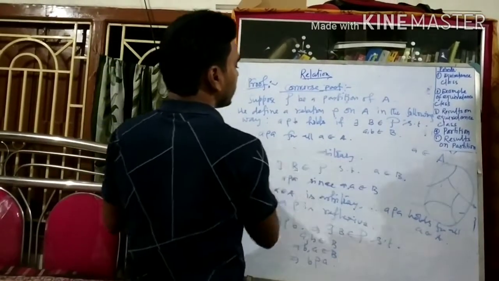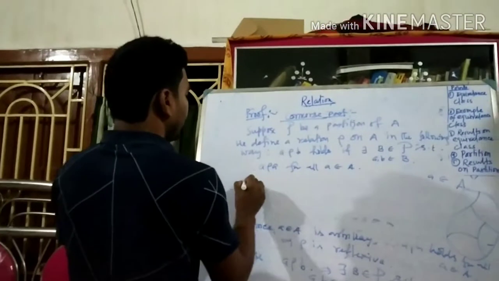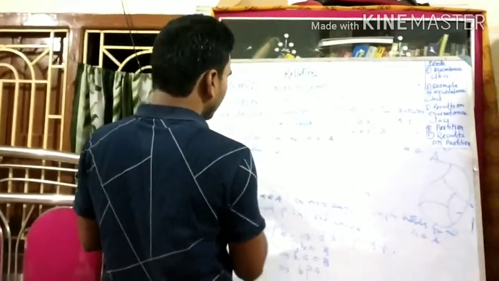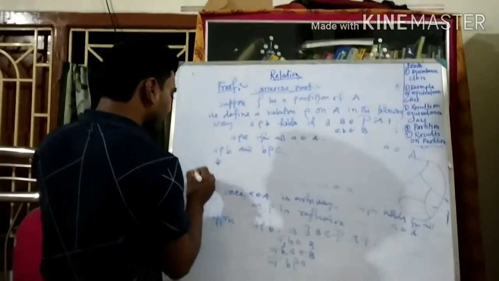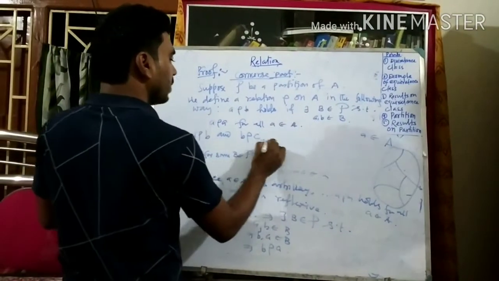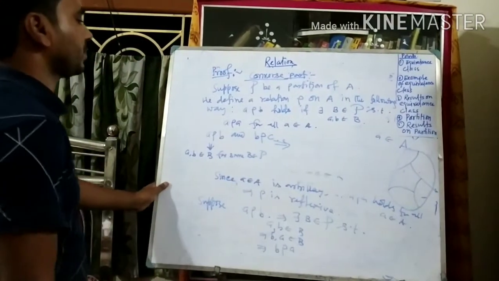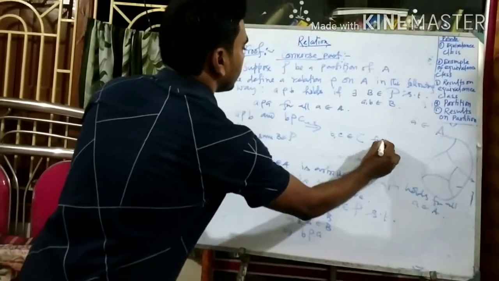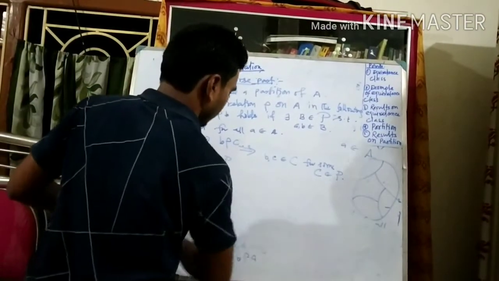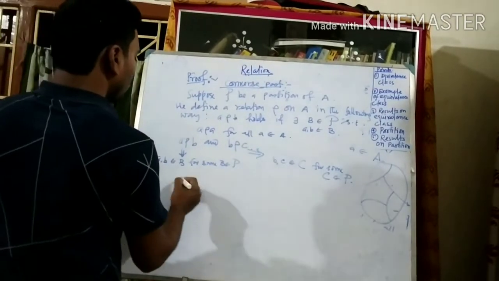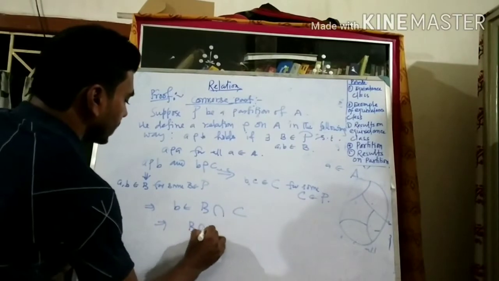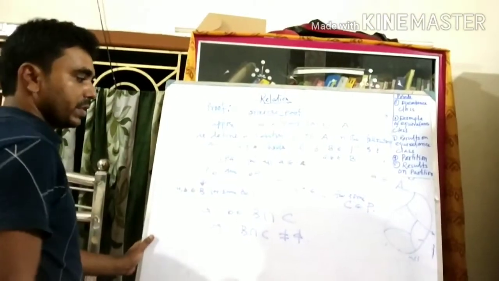Next, suppose there is a relation between A and B, and there is a relation between B and C, where A, B, C belong to A. We have to show that A is related to C. From here, we can say that A comma B belongs to B for some B belongs to P. From here, we can say that B comma C belongs to C for some C belongs to P. So from this we can say B belongs to B intersection C, and this implies B intersection C is non-empty.